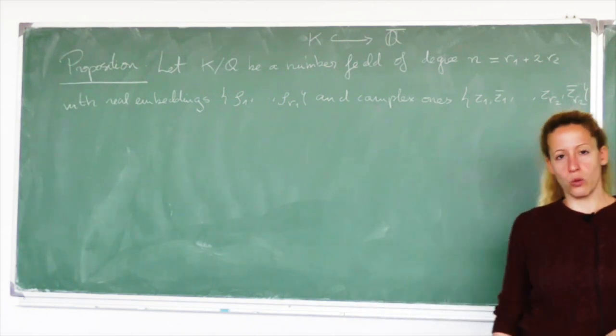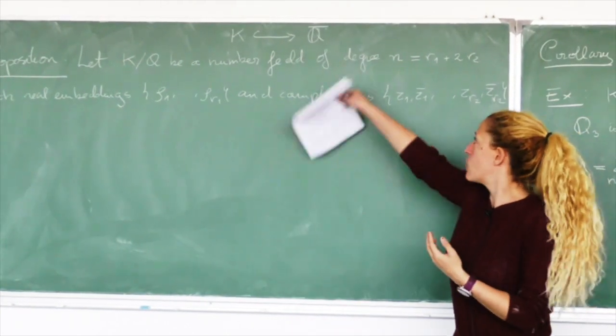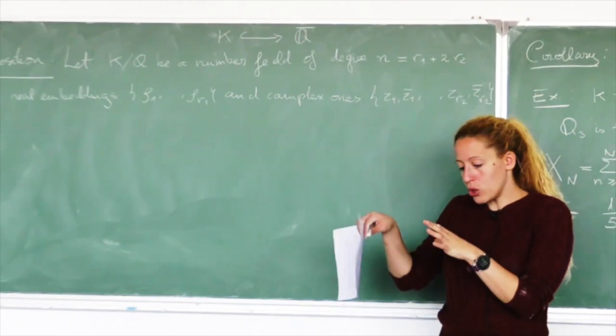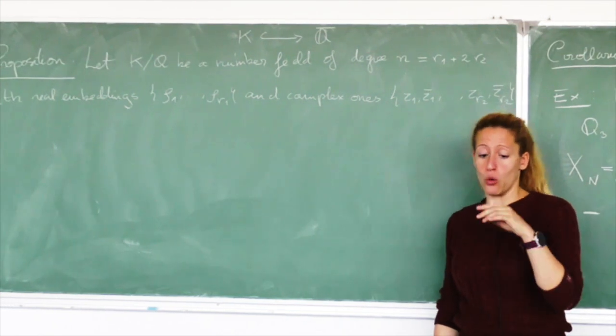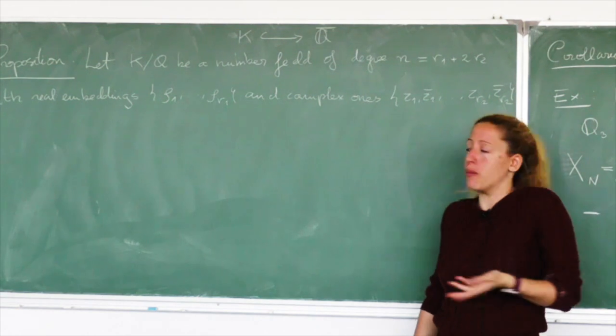I can see Q(i) inside Q bar. i has to go to a square root of -1, so I can send it to i or to -i. So there are two different embeddings.